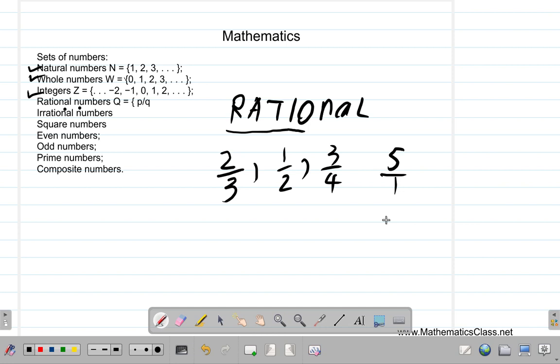So, 5 is indeed a rational number. Now, a rational number can be written as one number divided by another number, as you see here. So that's a rational number.